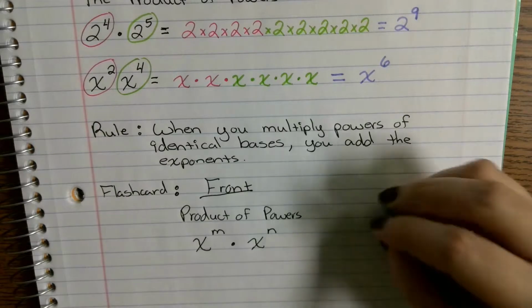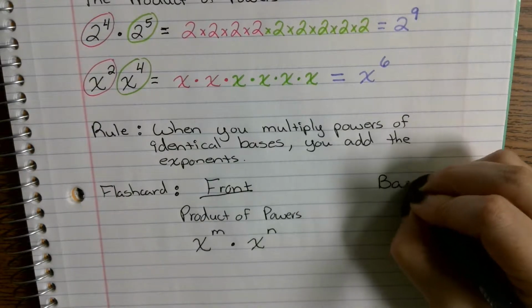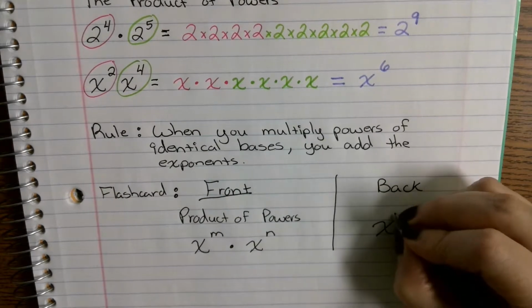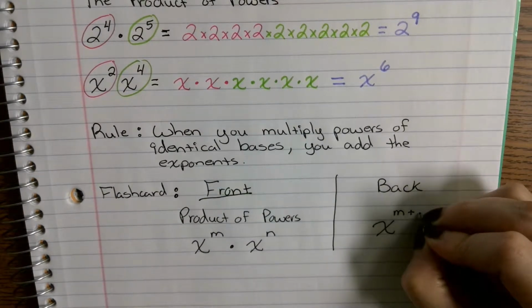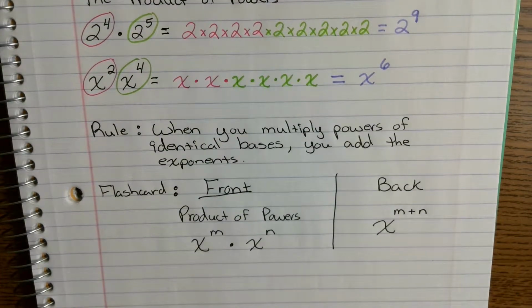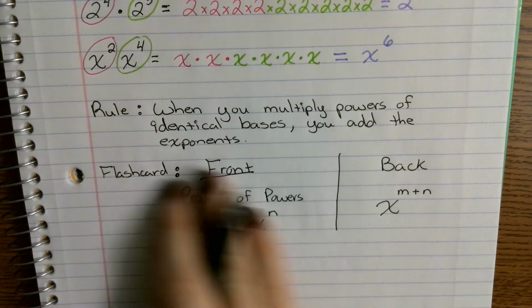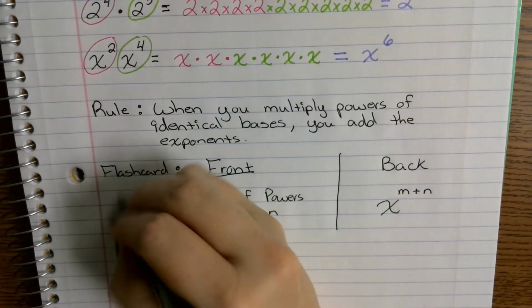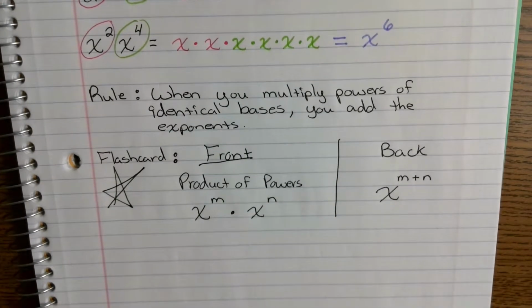And then the back of your card should say x to the m plus n. That's your product of power. x to the m times x to the n equals x to the m plus n. So I'm making that your rule. Get that written here. And when you make your flashcards, make sure that this is one of the ones that you get onto a flashcard. Okay?